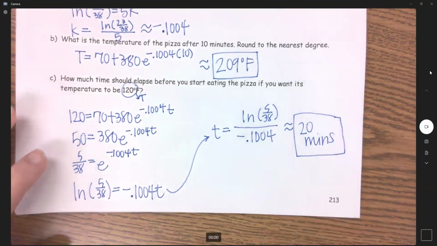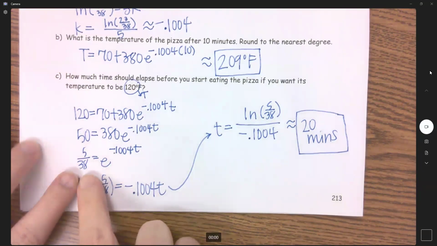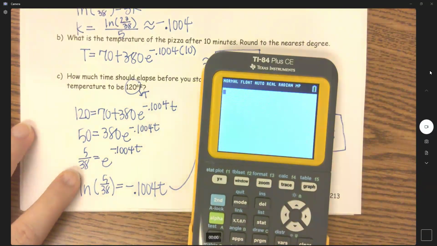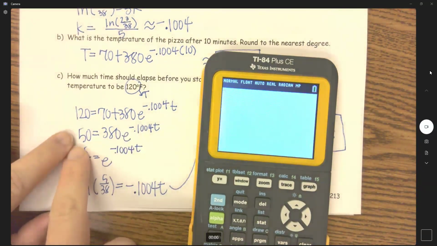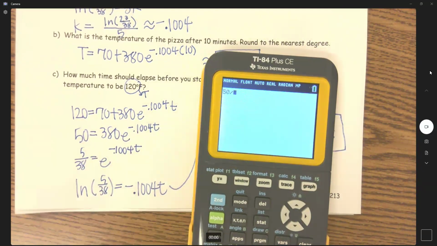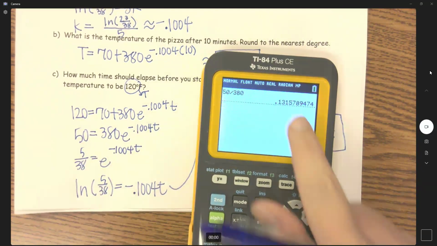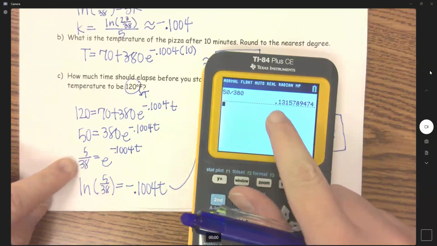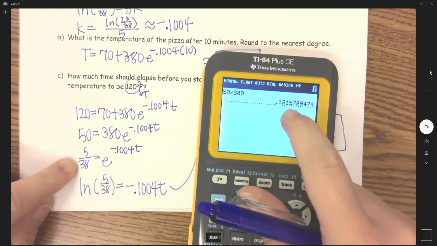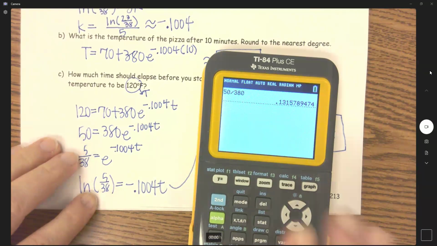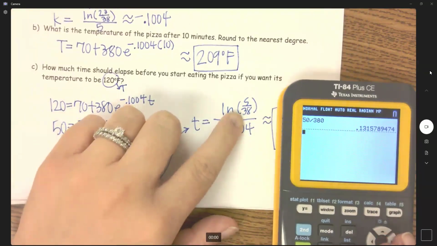One thing you also can do, if you don't want to convert this to a decimal, let me show you real quick. We divide 50 by 380. Okay, we need to keep this number in mind here. So you could write maybe right here 0.1316. And then we have the natural log of 0.1316.